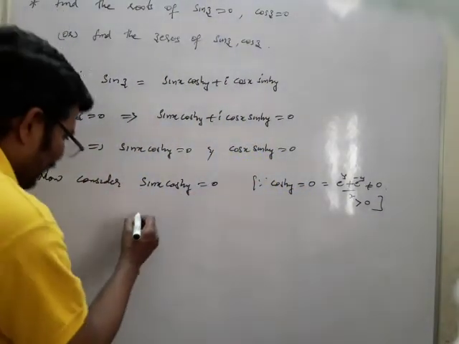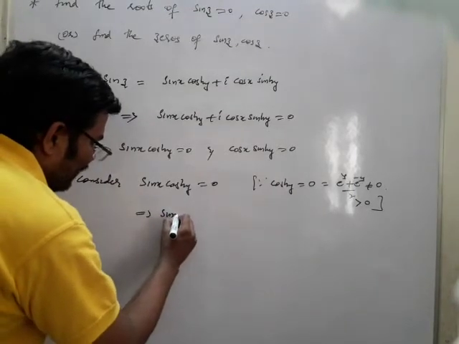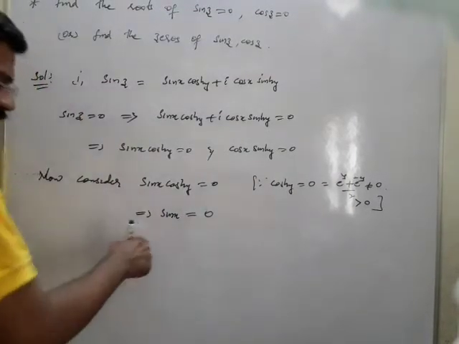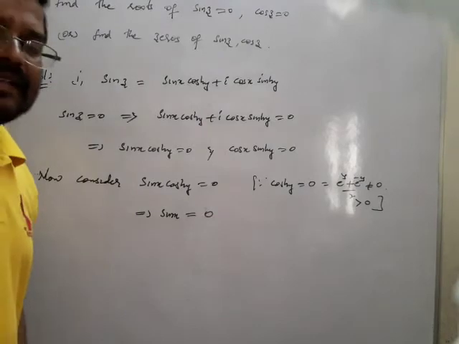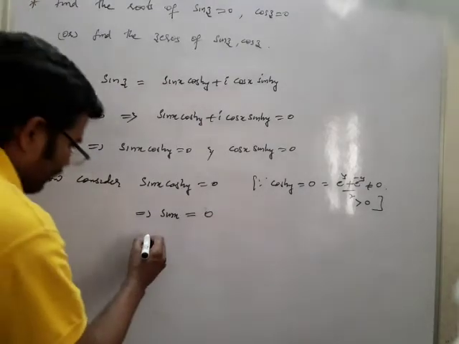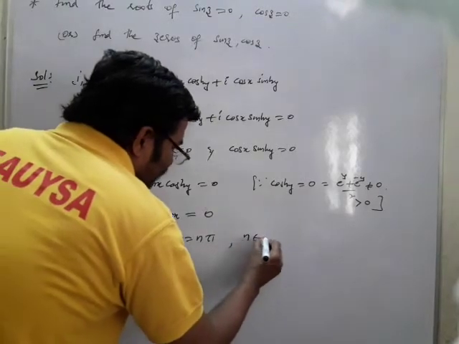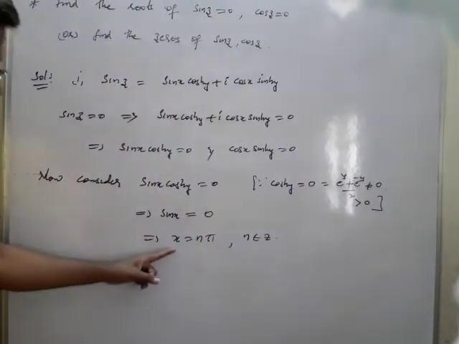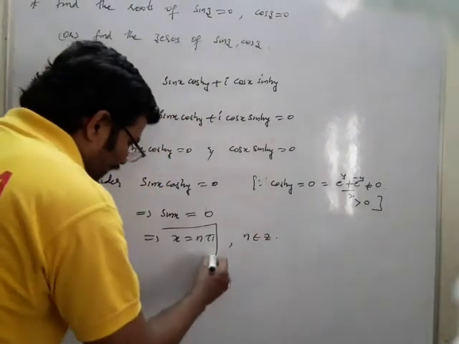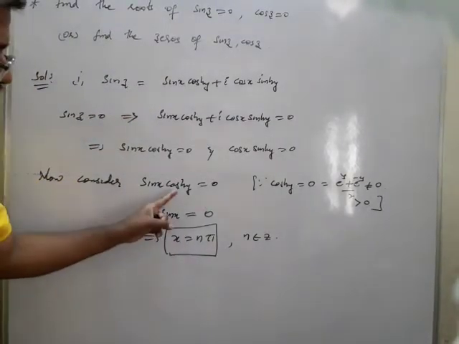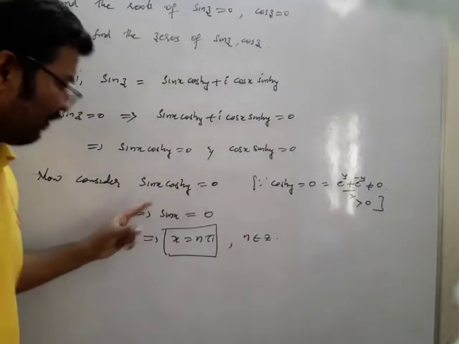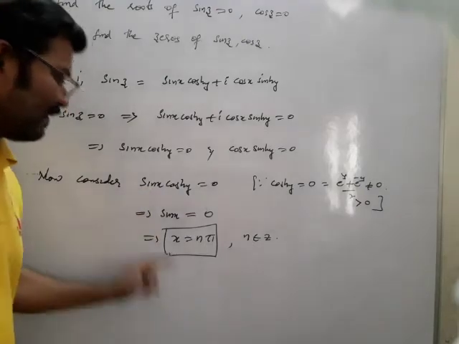Therefore sin x will be 0. So sin x is equal to 0. When sin is 0, x is equal to n pi. So therefore x is equal to n pi, where n belongs to the integers. So what you got here is the value of x as this, because this is not equal to 0, and therefore this is equal to 0.